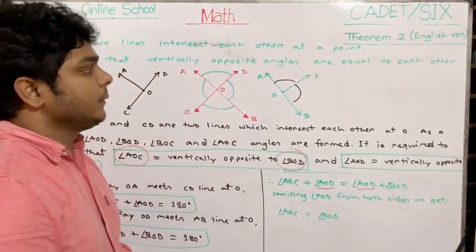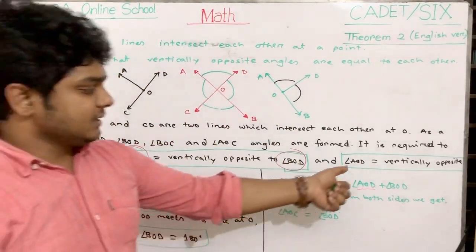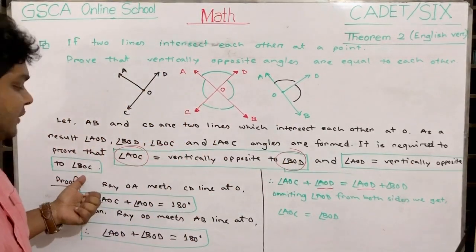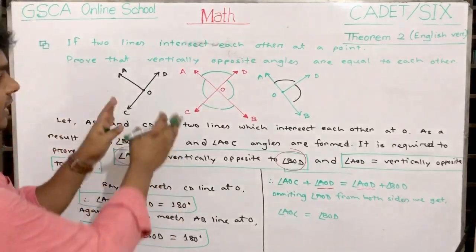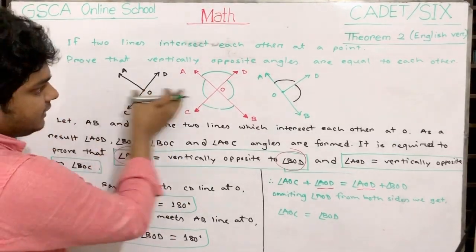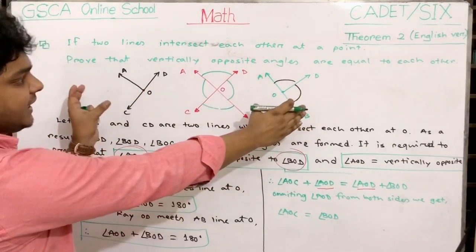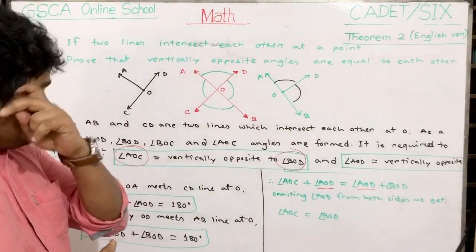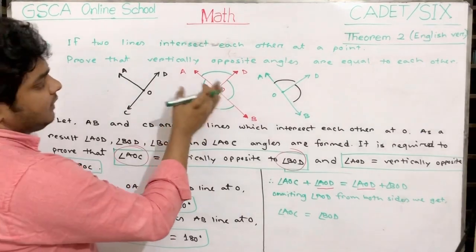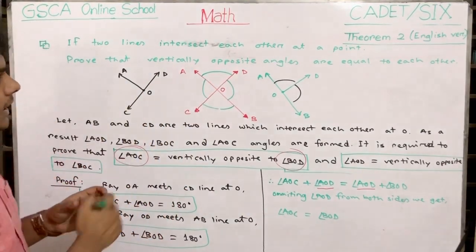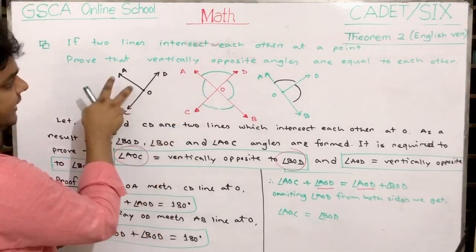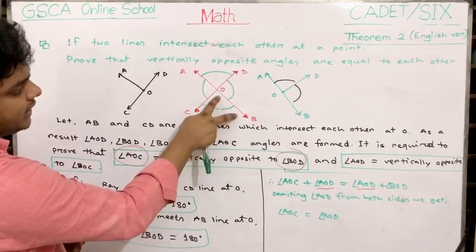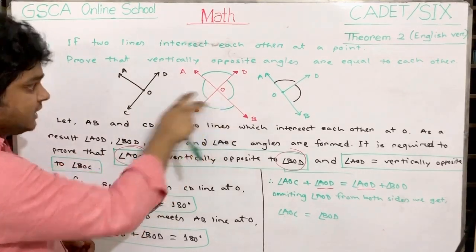Now, in a similar way, we can also prove that AOD is equal to BOC. How? Take a look here. The left figure and the right figure, these two are additional figures, not necessary, drawn for understanding purposes. At first, when I took OA as the ray, the opposite ray was not present in the figure, right?